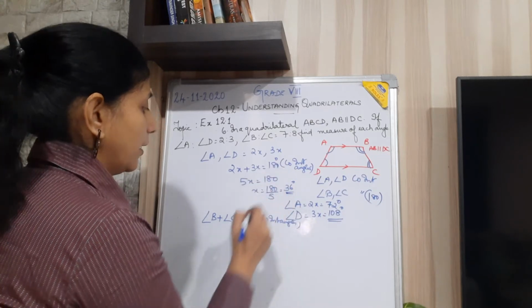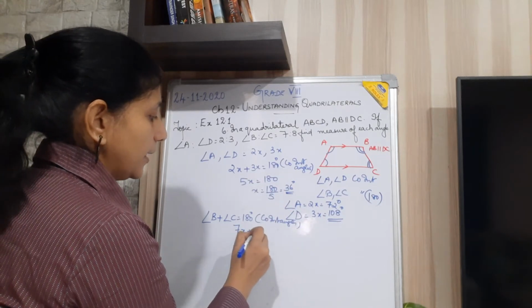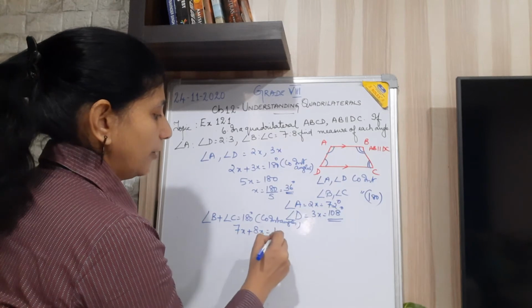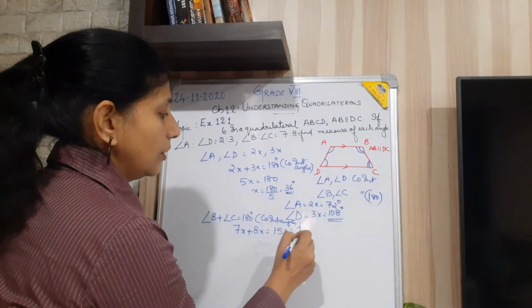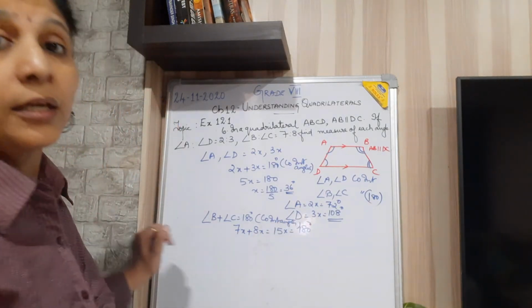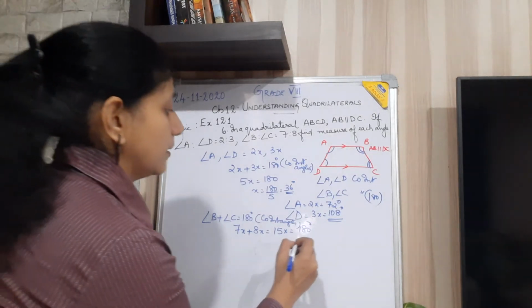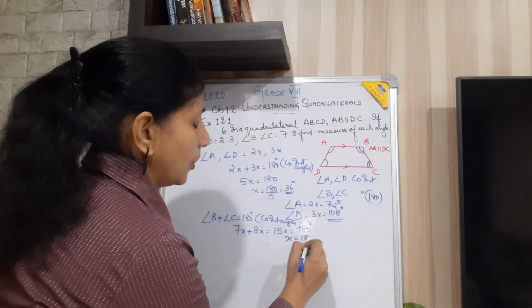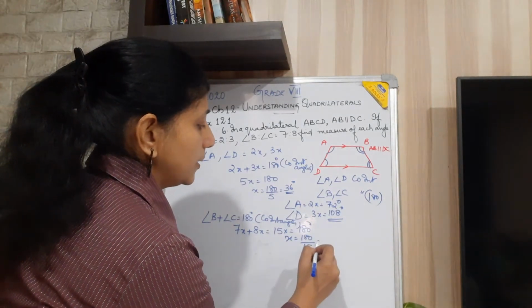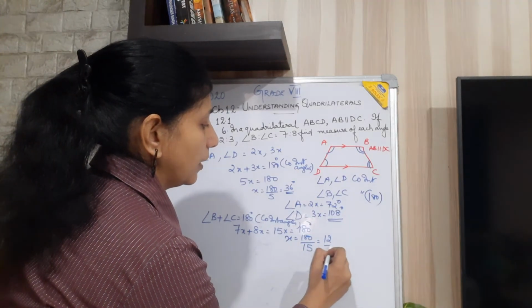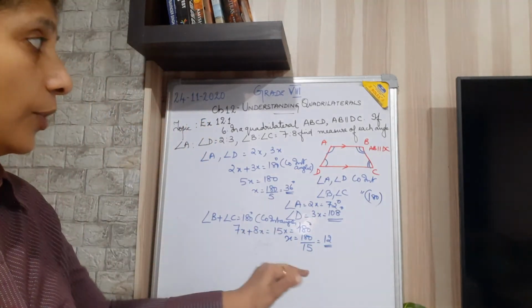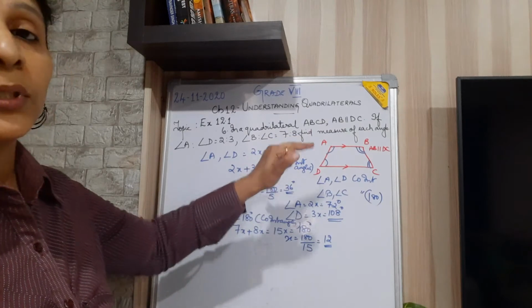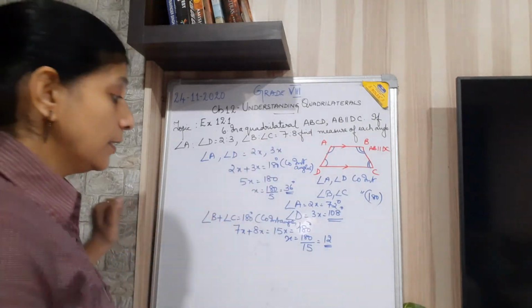Now they are in the ratio, so 7x plus 8x, that is 15x. 15x equals 180 degrees, again because they are co-interior angles. So x is equal to 180 upon 15, that is 12. So you got the value for x. It is different because on both sides the co-interior angles are different.